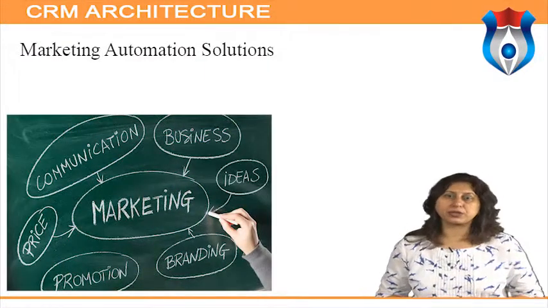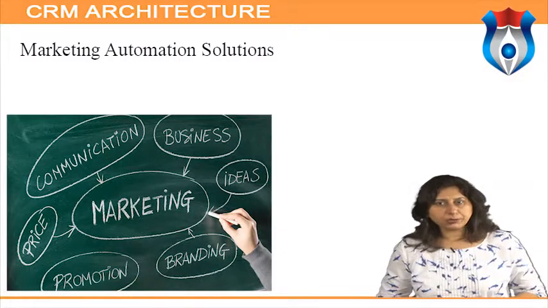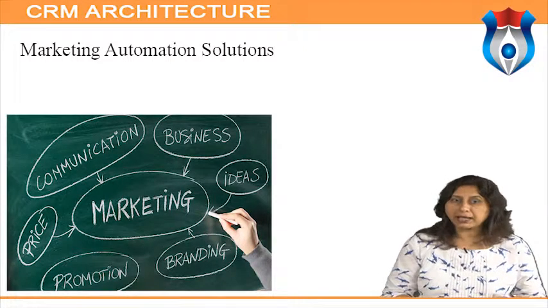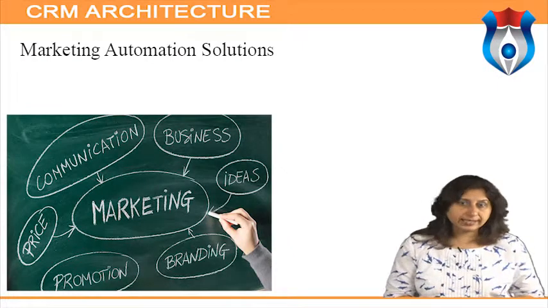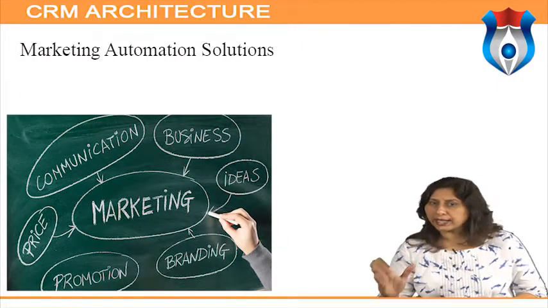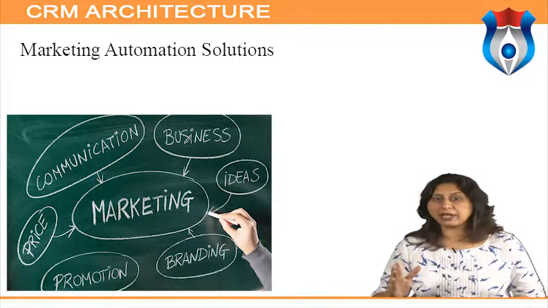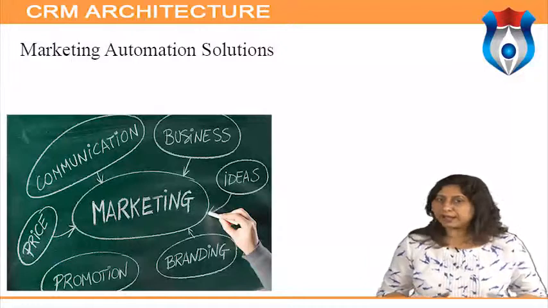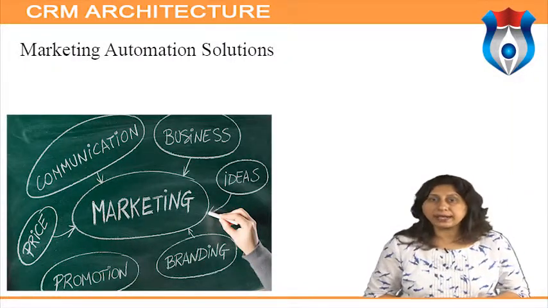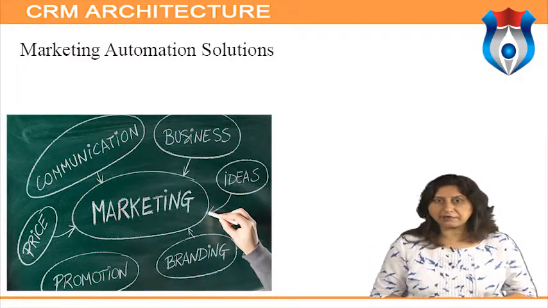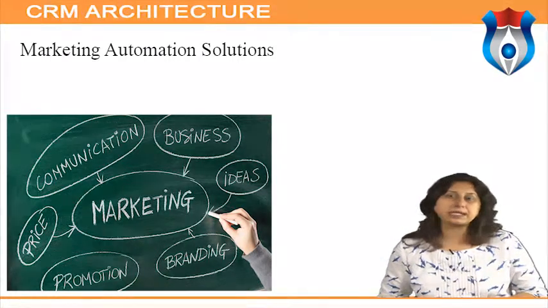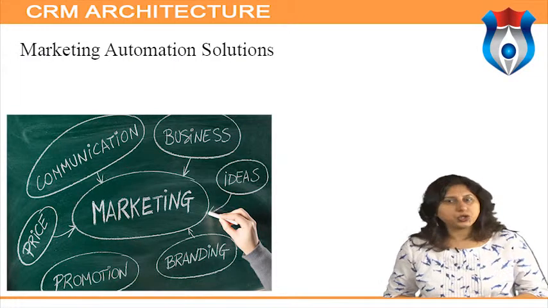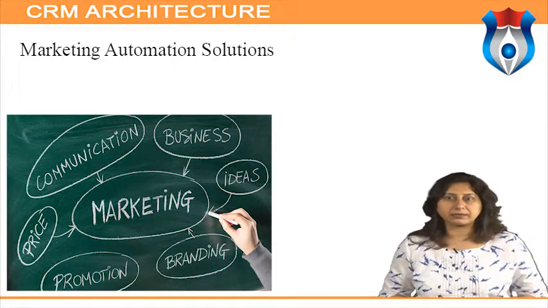Marketing automation solutions. Our marketing automation solutions are aimed to help the organization's marketing policy makers to identify and target the right section of customers and generate prospective leads for the sales force. The functional modules are built to provide easy-to-use interfaces for managing and measuring multi-channel marketing campaigns, including email, search, social media, and direct mail.